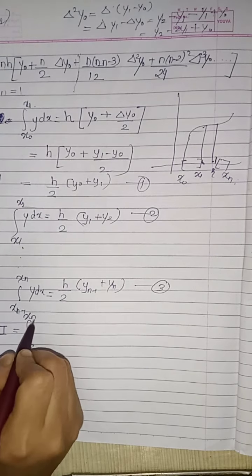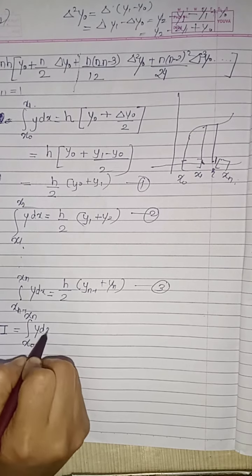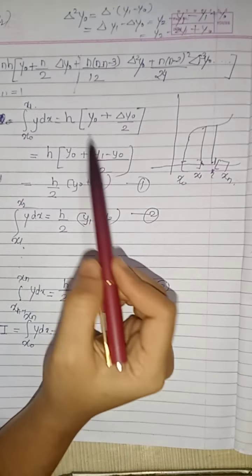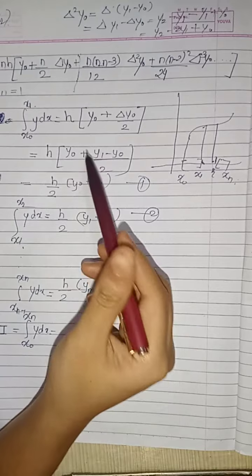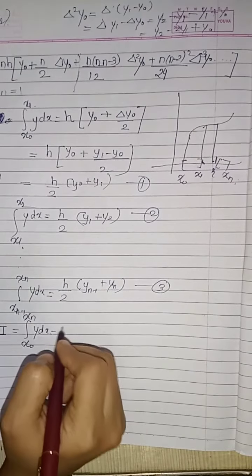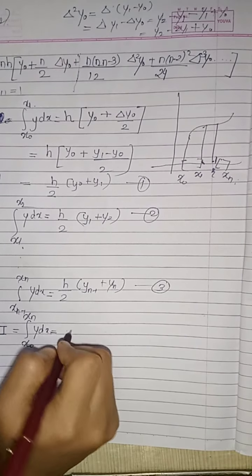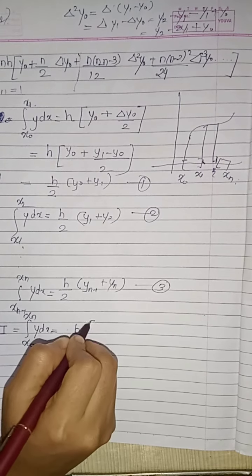respective subintervals. So instead of calculating for the whole, we can have I equals the integral from the initial point x0 to the last point xn of y dx, which is nothing but the addition of all the integrals of the subintervals. So that is equal to h upon 2, we can take it as common.